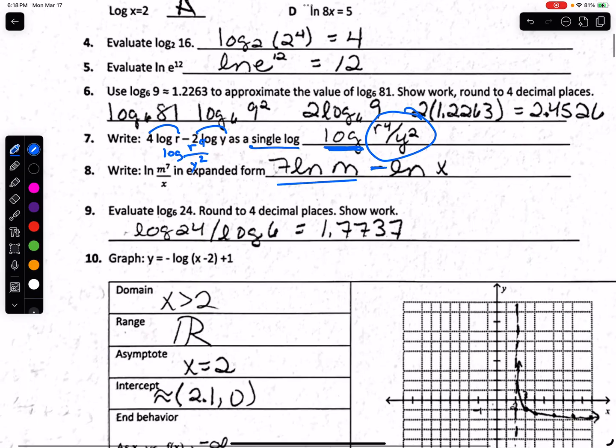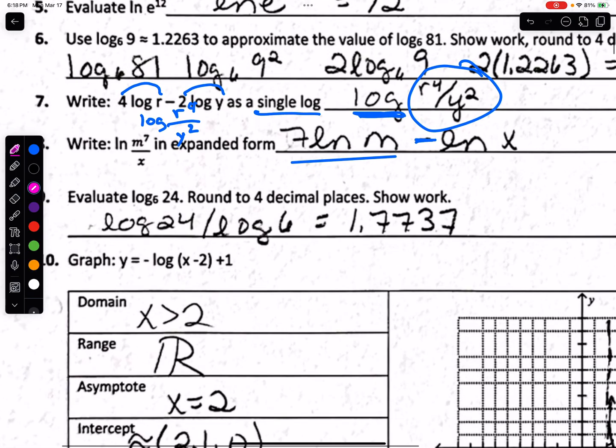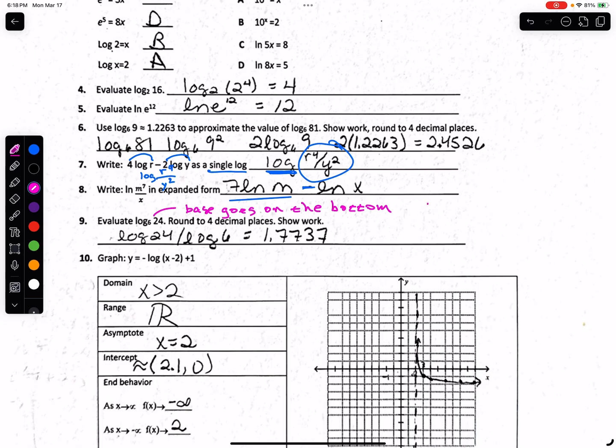So the way I remember this one is base goes on the bottom. And I just write that entire thing out. Base goes on the bottom. And the base is 6, right? So when I write this fraction out, I'm going to write log 24 over log 6.